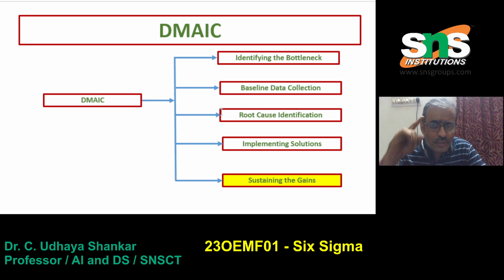This involves creating a standard operating procedure. You know what is meant by SOP, which we say regularly nowadays. SOP means standard operating procedure. This particular part involves the creation of standard operating procedures, and also using control charts in order to monitor the wait times in real time.